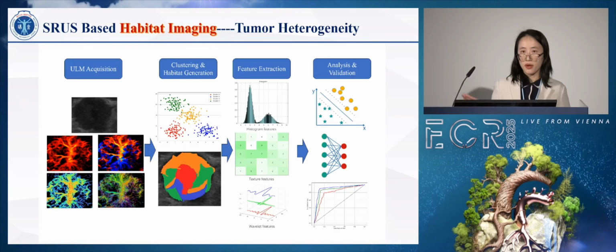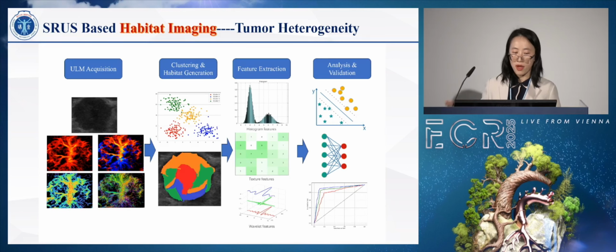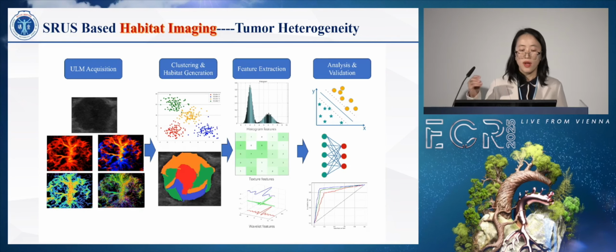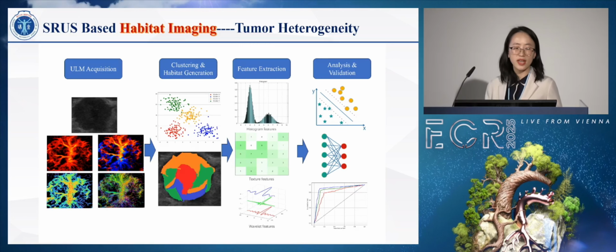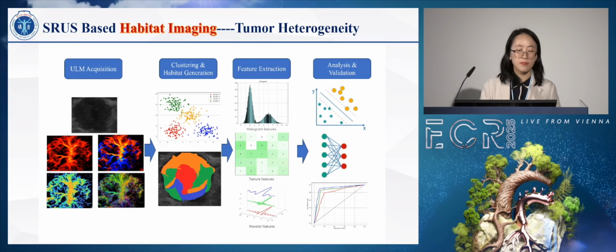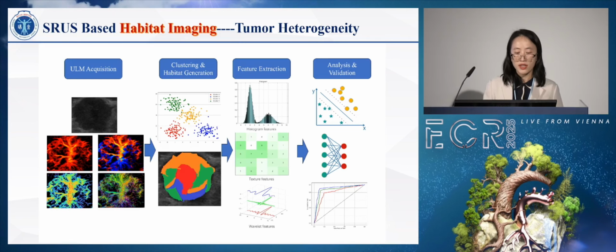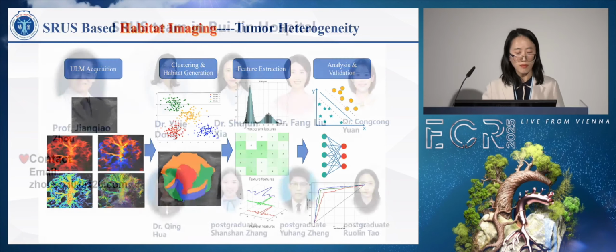This is also based on machine learning methods. As we all know, habitat imaging is used to evaluate tumor heterogeneity, and SRUS-based habitat imaging is aimed at studying tumor microvascular heterogeneity in the future, and we think that's very promising.